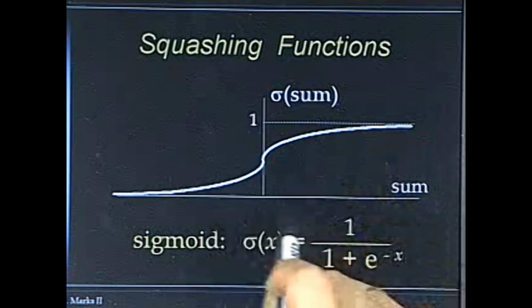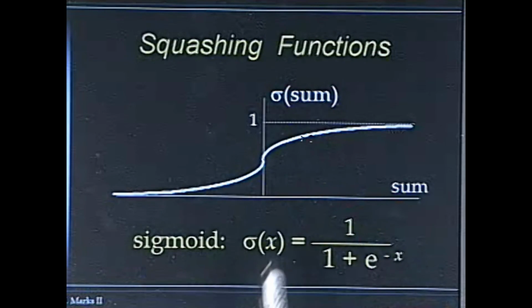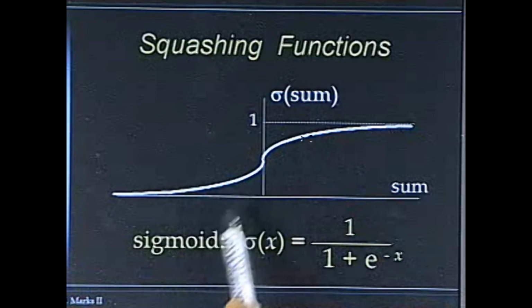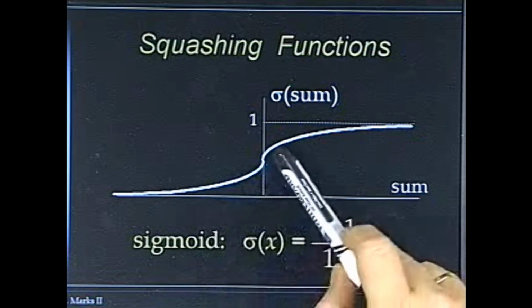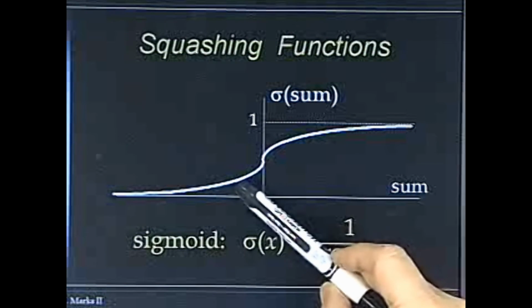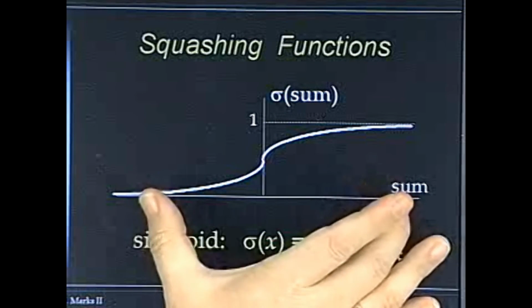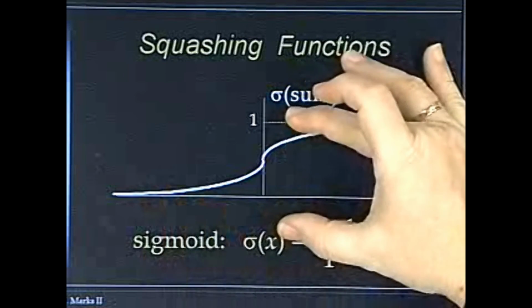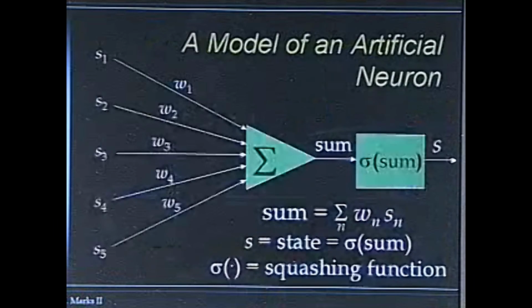And if you have a really, really big number, that has a value close to 1. If you have a really small number, that has a value close to 0. And intermediately here, although the graphics aren't really good, you actually have a linear sort of relationship. But you can see why they call it a squashing function, because it takes a very big dynamic range and squashes it into a very, very small dynamic range. So this is the process of the squashing function.